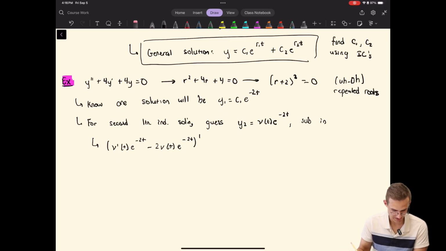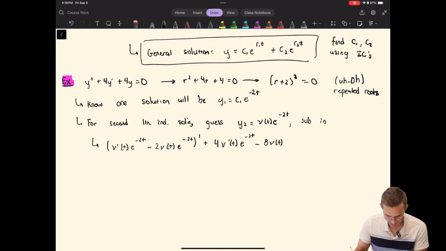That whole thing is going to get differentiated again, but just for this line, we'll only do it once: nu prime of t, this is just 4 times the first derivative that we just calculated, e to the minus 2t, and then plus 4 nu of t e to the minus 2t, that whole thing is equal to 0.